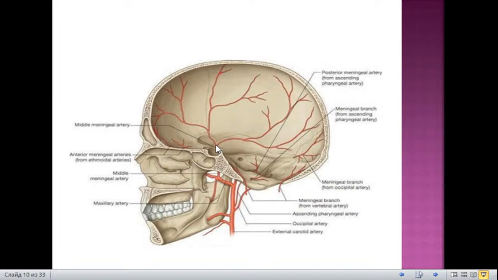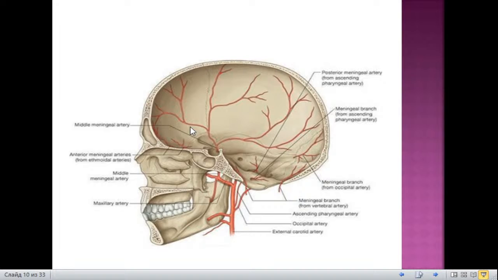So what happens here? Frontal branch gives off orbital branch. Frontal branch of middle meningeal artery gives off orbital branch. It goes to the superior orbital fissure, and inside of the superior orbital fissure it anastomoses with a lacrimal artery.